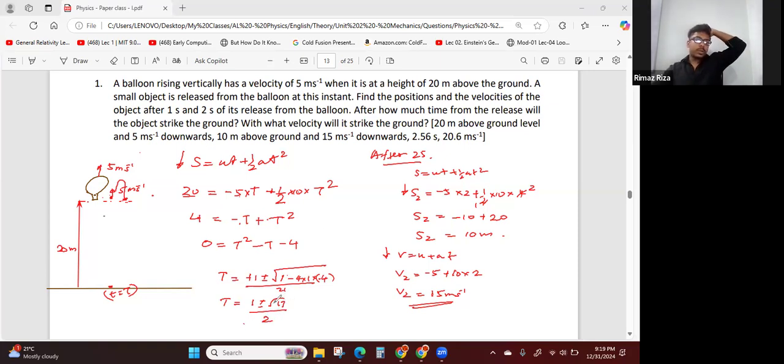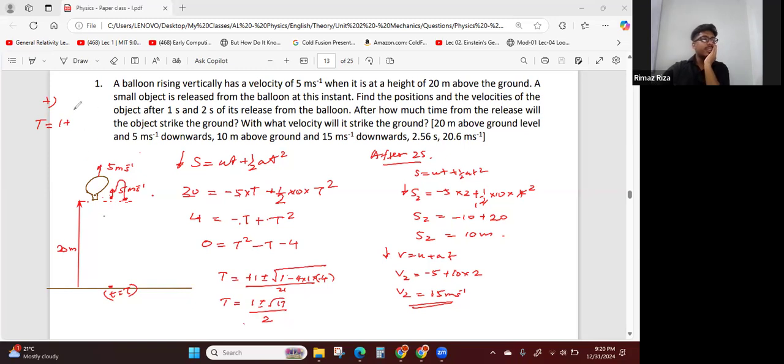The square root of 17 is greater than 1, so we can't consider the negative solution. It means going backward in time. We only consider the forward in time solution, so we take the plus case. So t is equal to (1 plus square root of 17) over 2.